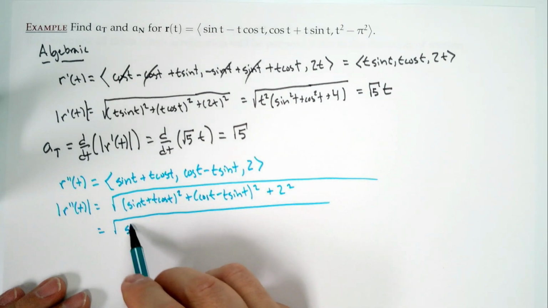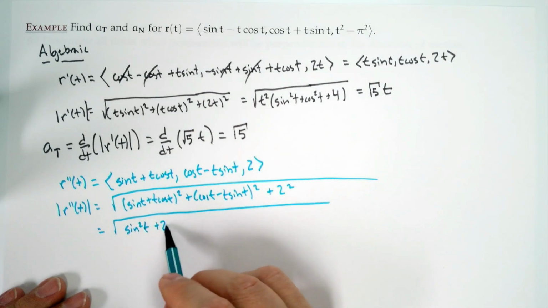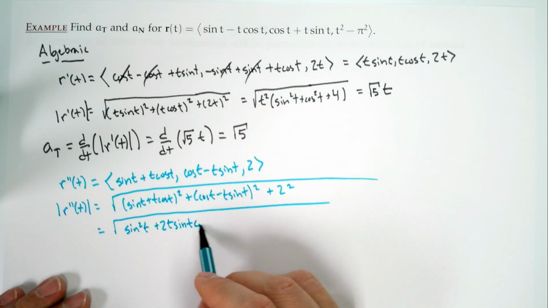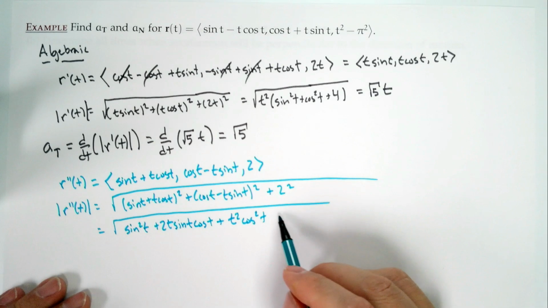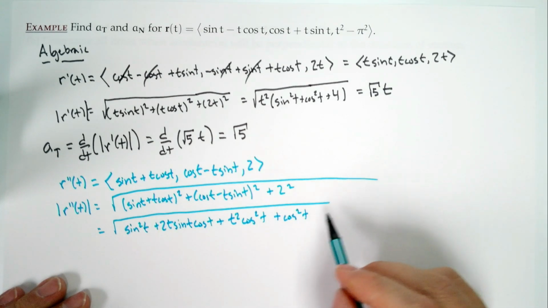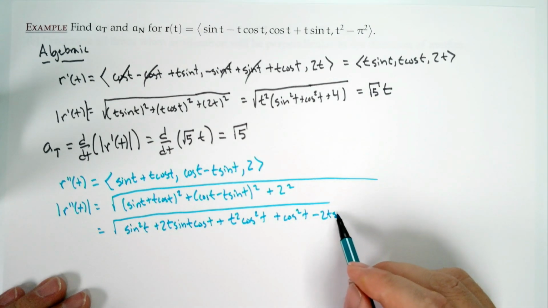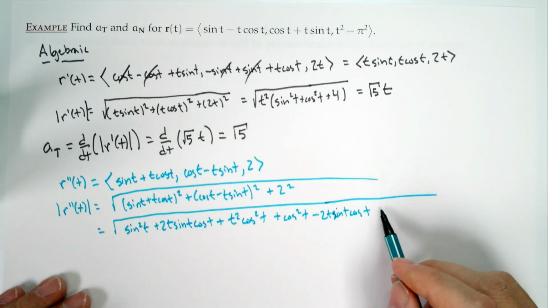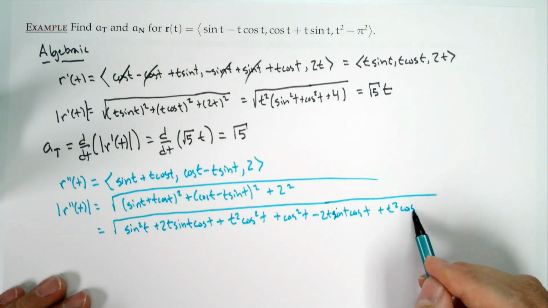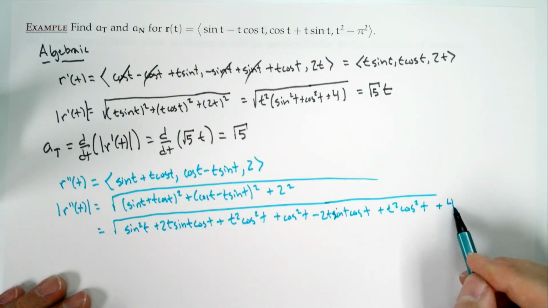So sine squared plus 2t sine t cosine t plus t squared cosine squared t plus cosine squared t minus 2t sine t cosine t plus t squared cosine squared t plus 4.